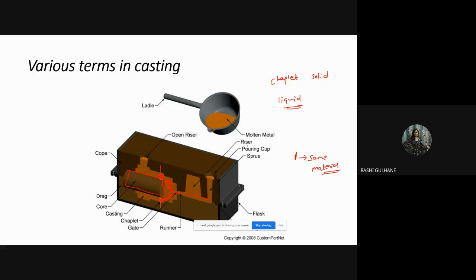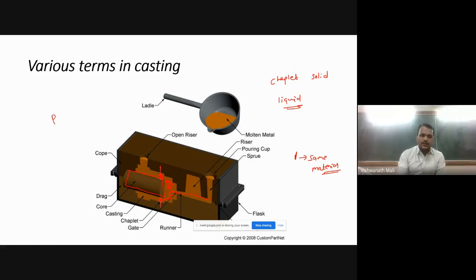Sir, when the cope and the drag are removed while forming the final product, the riser part must be solidifying and forming a shape, right? So do we cut it off later? Yes. So after casting, there is post processing. We call it post processing. We need to cut this gating system.